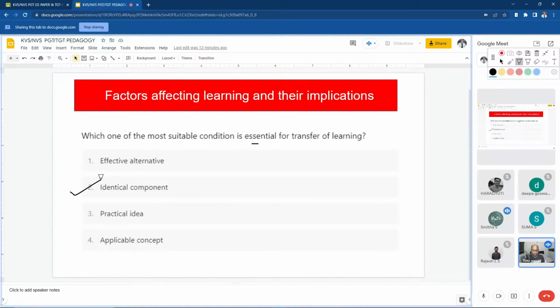If you are talking about banana, but the child thinks you are talking about apple, because the mother showed an apple and taught banana, the child learned that the apple is banana. So if the identical component is not present, transfer of learning may not take place. So the answer is identical component.